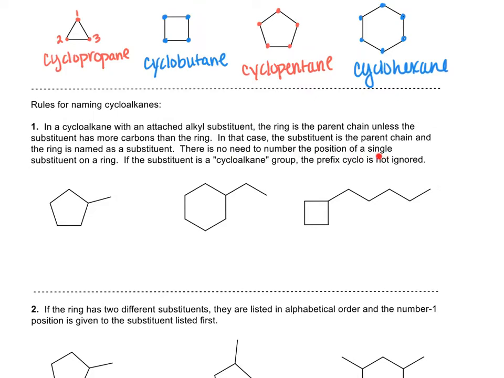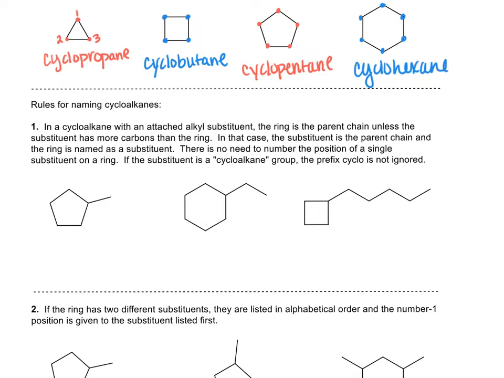There's no need to number the position of a single group attached to a ring because no matter where you put it, it always gives you the same name. And if the substituent is a cycloalkane name, the prefix cyclo is not ignored. So now, to make your life more complicated, we're not going to ignore iso, and we are not going to ignore cyclo. So in this first group, we see our parent chain.